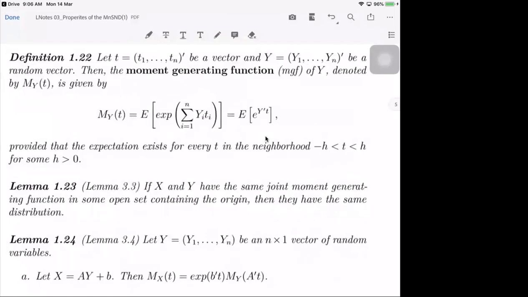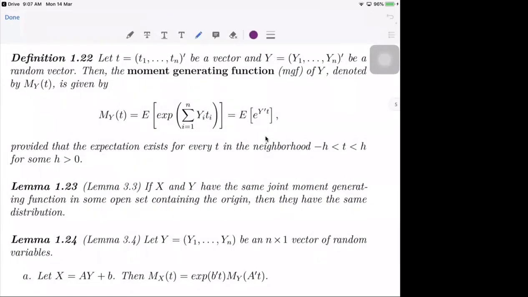Okay, so let's now have the definition of a moment generating function. So here we have a vector t. This vector t follows whatever is the dimension of your y.